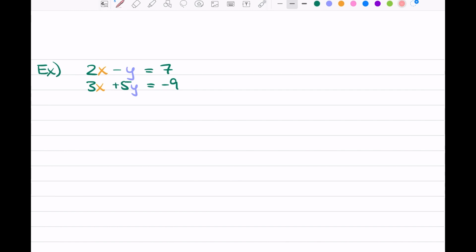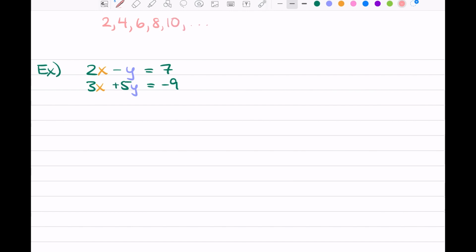So in a similar way, we want to multiply our 2x and our 3x by something to get to the same number. So what that means is we want to find the least common multiple. So let's list out the multiples of 2. 2 times 1 is 2. 2 times 2 is 4. Then we have 6, 8, 10, and so on.